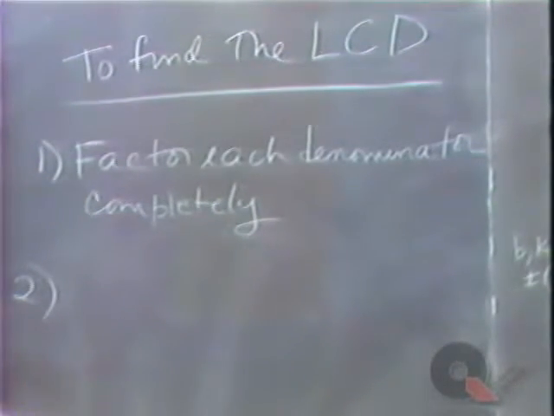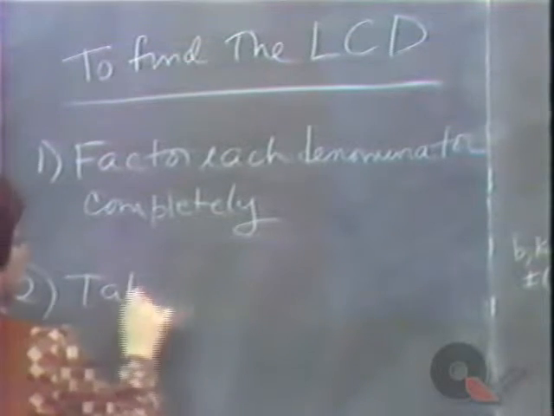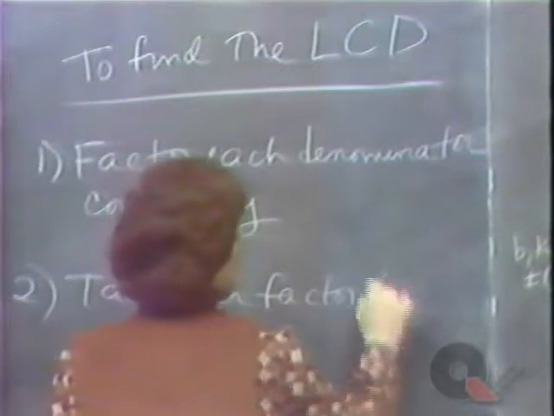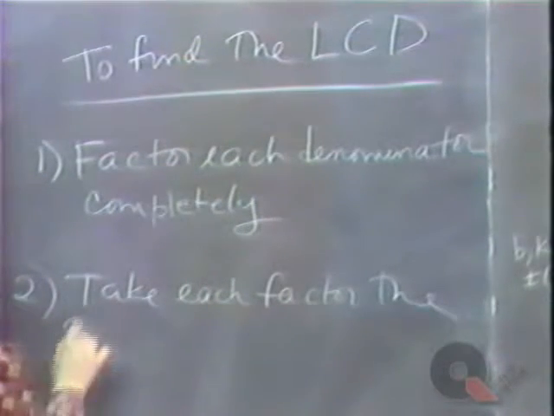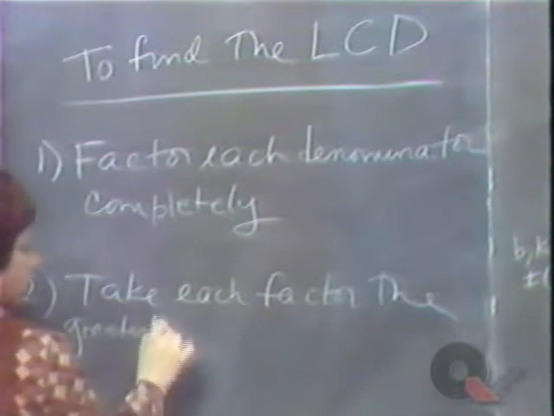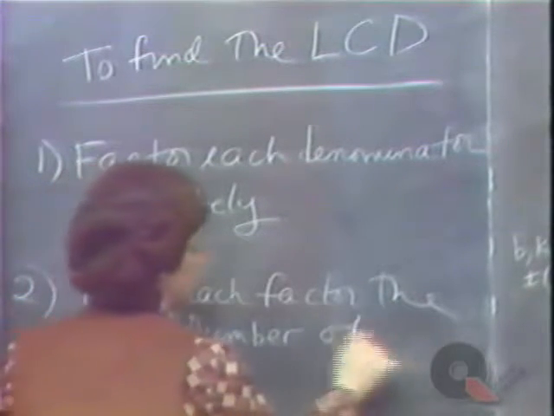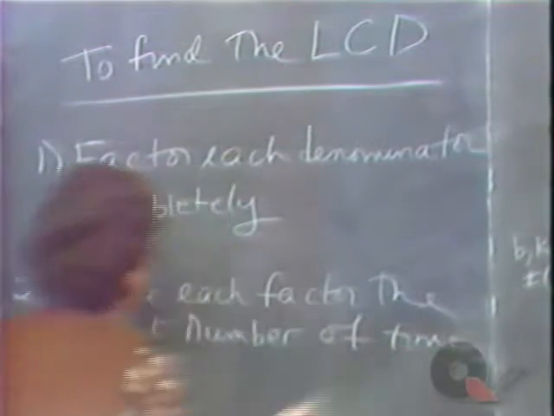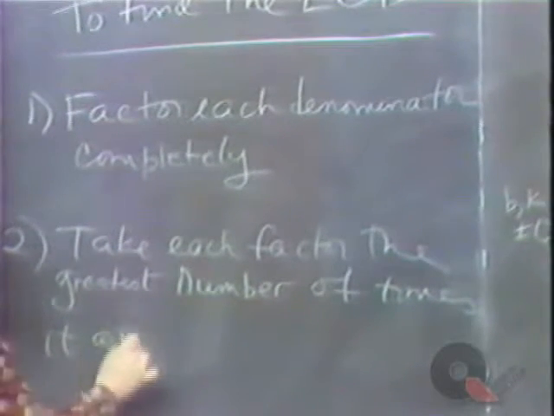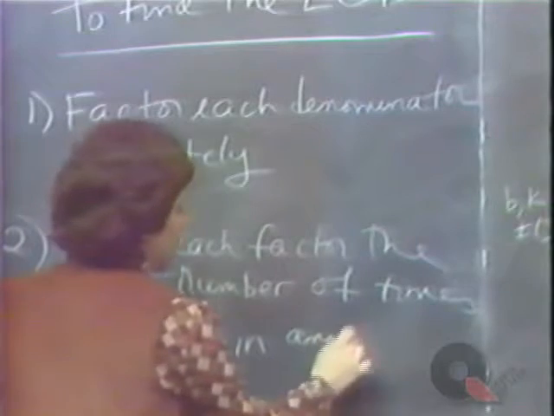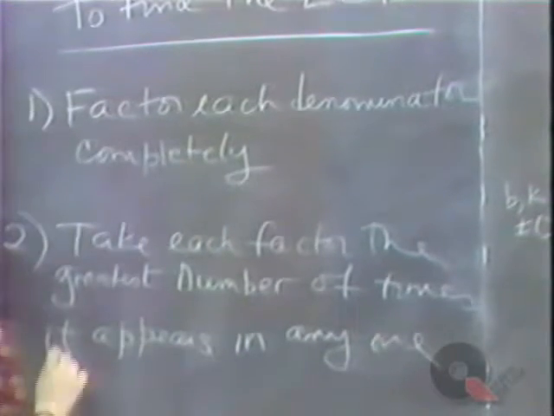And then take each factor the greatest number of times it appears in any one denominator.